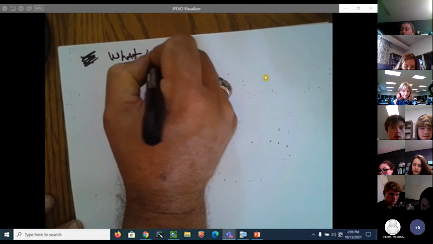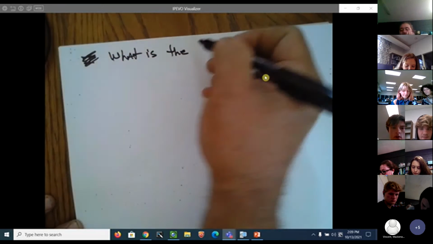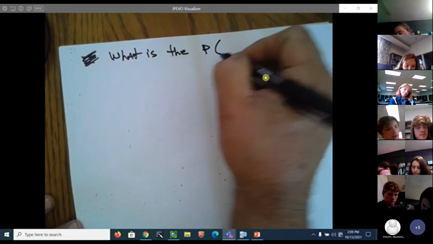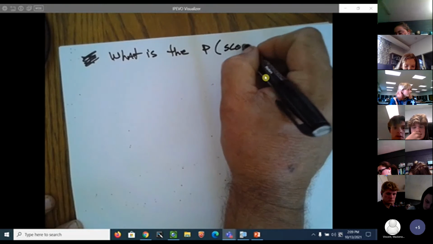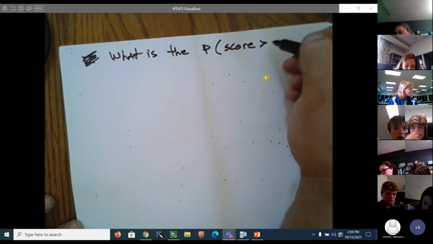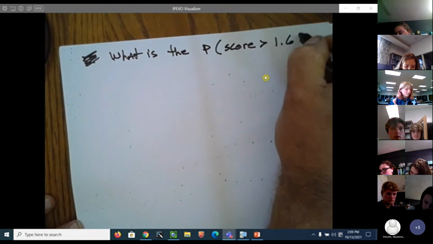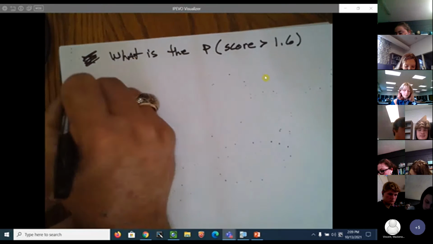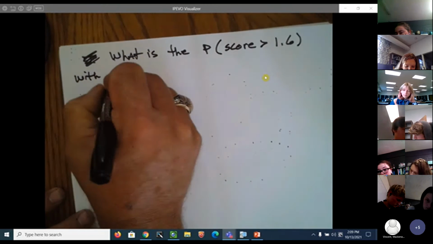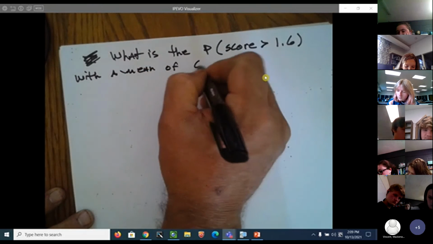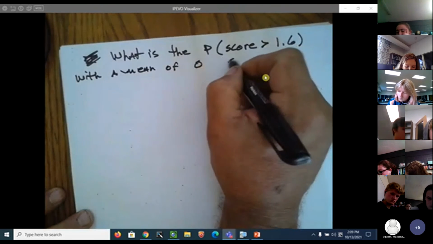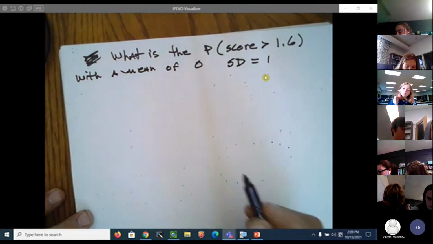What is the probability that your score is going to be above 1.6 with a mean of 0 and a standard deviation equal to 1.